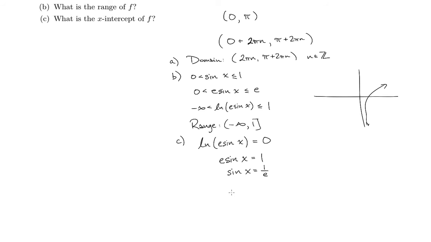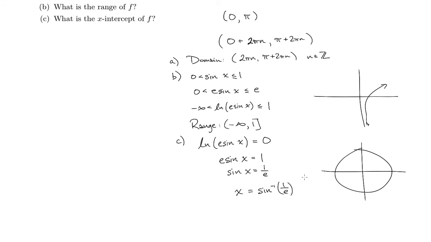All we can say is, let's take the arc sine. And the arc sine will give us a number between 0 and pi over 2. And so we actually have more than just this. And let's think about the unit circle.